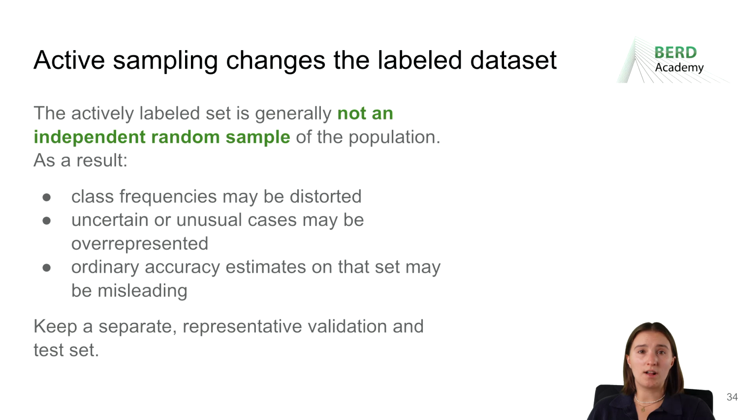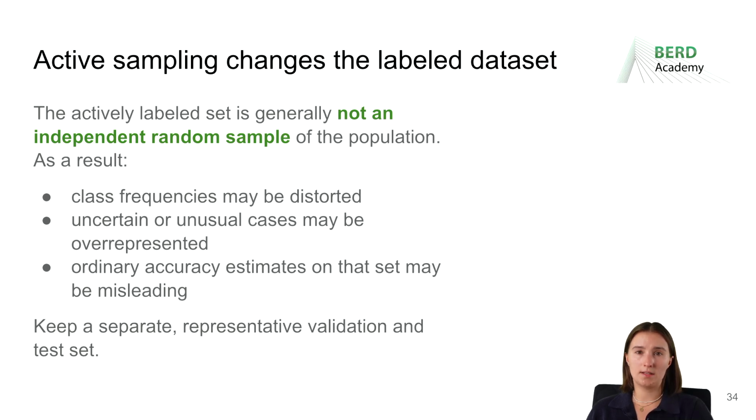You can have more uncertain or unusual cases. Cases close to the decision boundary can be overrepresented. And therefore, ordinary accuracy estimates may be misleading, because if you're sampling a lot of very difficult cases, your overall accuracy might be lower than it actually is on an independent random sample of your population.